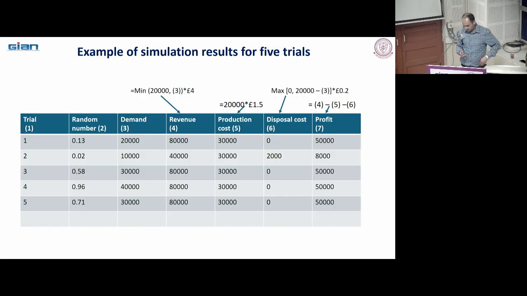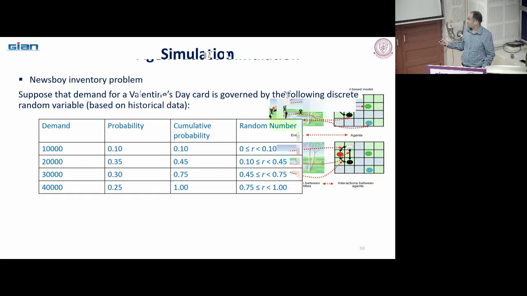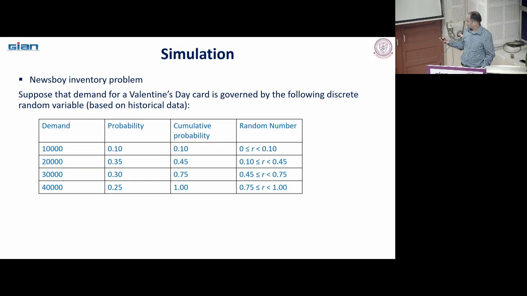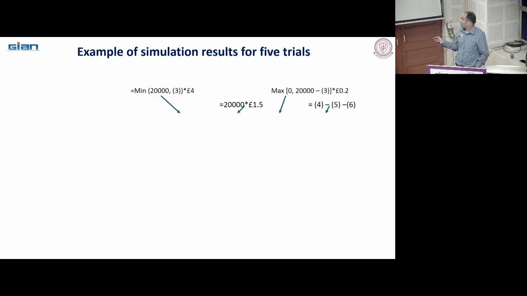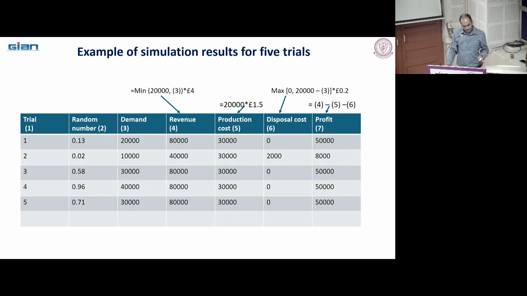Random numbers are generated and we are assuming the production level, 20,000 or 30,000. So the random number is 0.13. You go here and see where it comes. Random number 0.13 comes into your second category. We are assuming the production level is 20,000. What is revenue?